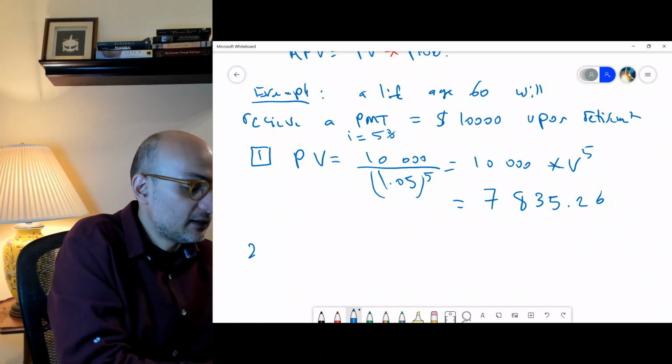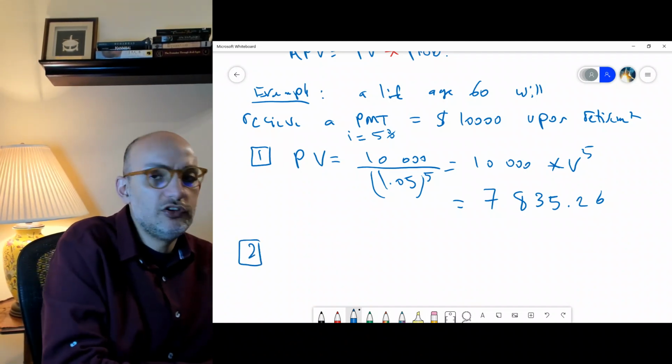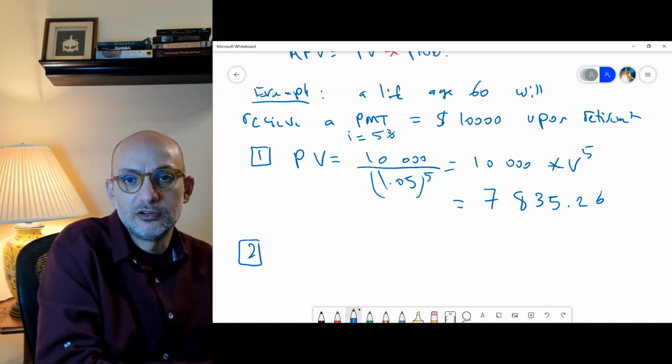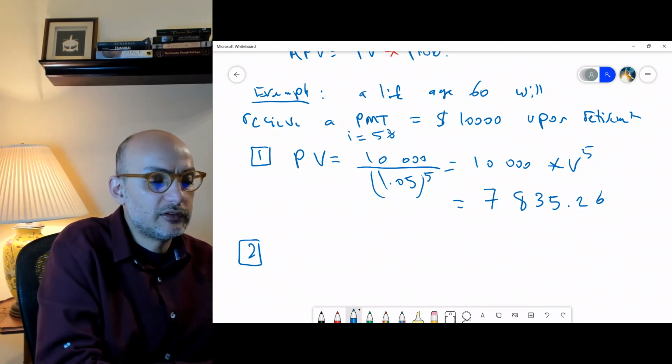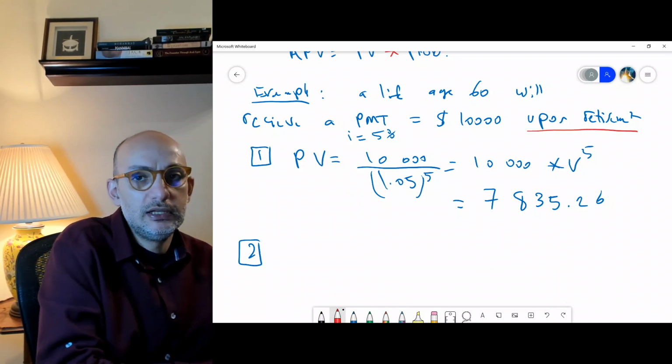The second question is how we calculate the actuarial present value. We need a probability. And what kind of probability here? Remember, it's upon retirement. So he needs to survive until retirement to get the benefit, right?